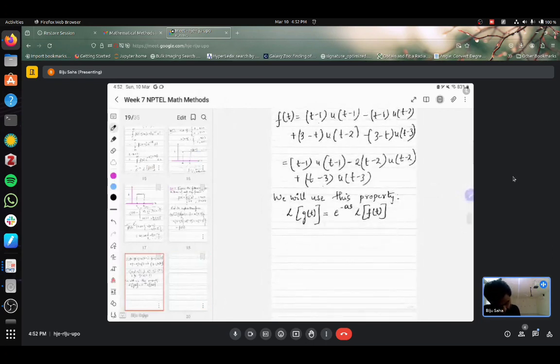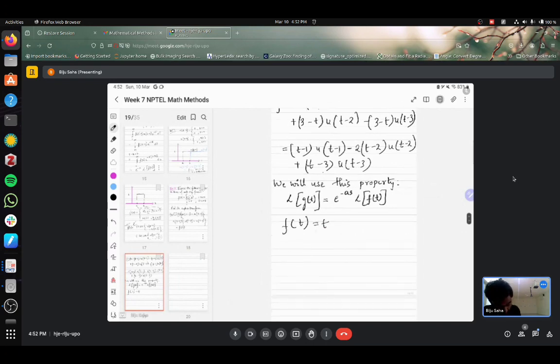So in this case, basically your f(t) is t. So you can write the Laplace transform of t, which is known to be 1 by s square.